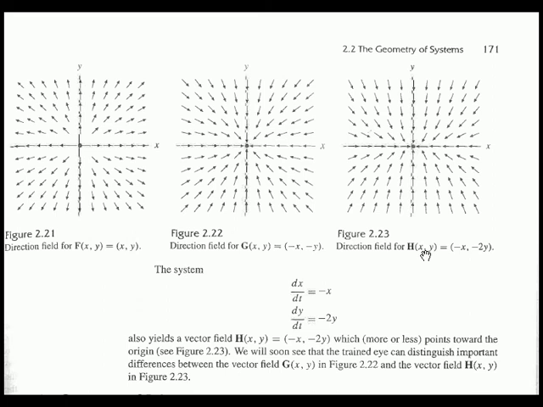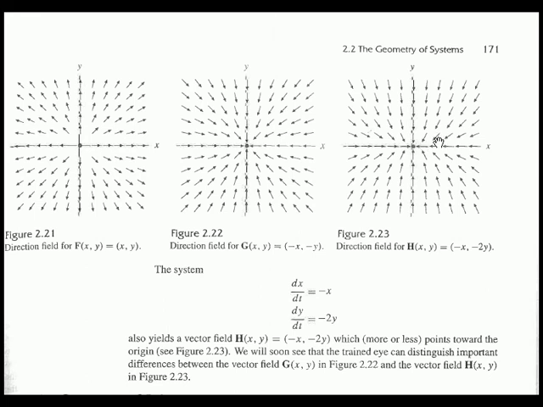And here's an example of a phase plane for this system of two equations, x prime equals minus x, y prime equals minus 2y. We can draw a phase plane here. This is x and y. There's no t-axis because there isn't any t on the right-hand side, so the direction of x prime and y prime doesn't depend on t.